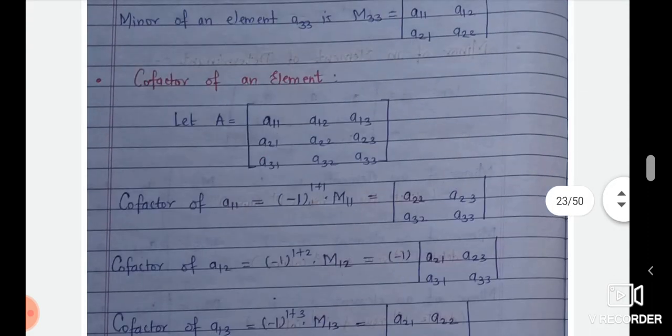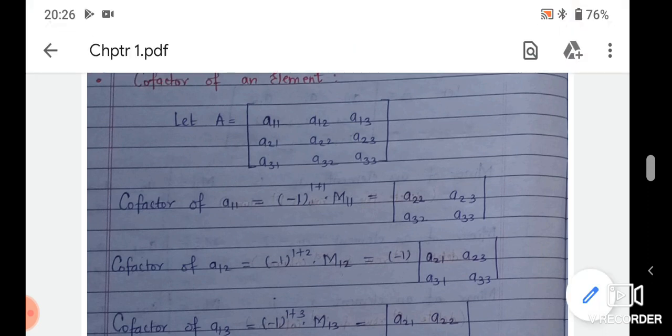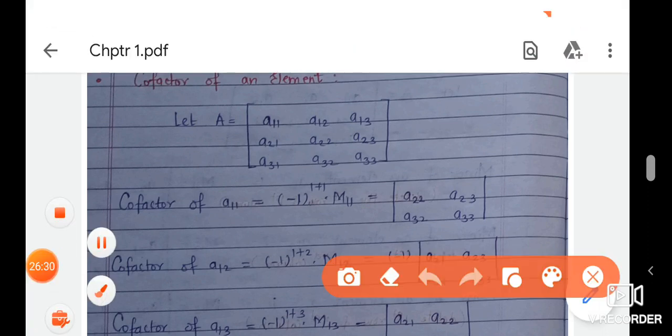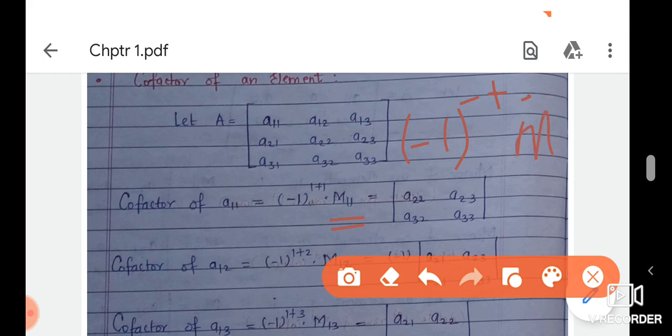Next is cofactor of a matrix. So to find the cofactor of each and every element, see A11. Here to find the cofactor you need the minors. See, I have taken M11, right? What is the formula to find the cofactor? It is minus 1 raised to the row number plus column number, whatever is given, into the minor of that corresponding element.